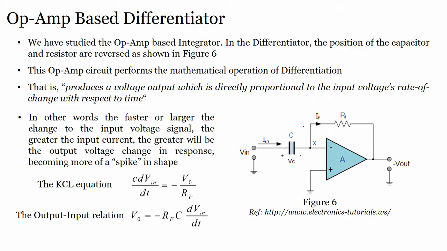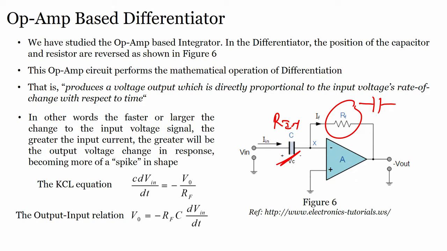What have we done here? Here instead of R in, we have changed it to C, right. In the case of the integrator, we changed RF to C. In the case of the differentiator, we have changed R in to C. Easy, extremely easy.